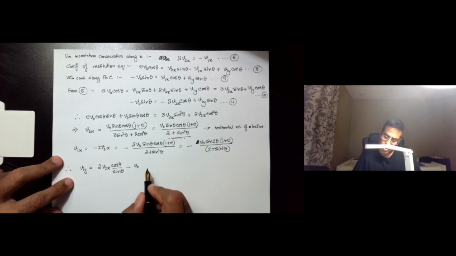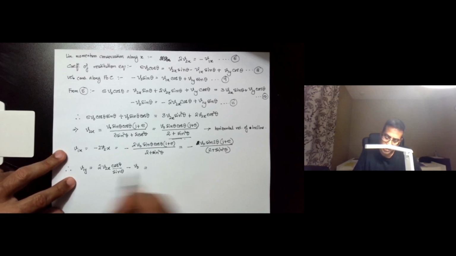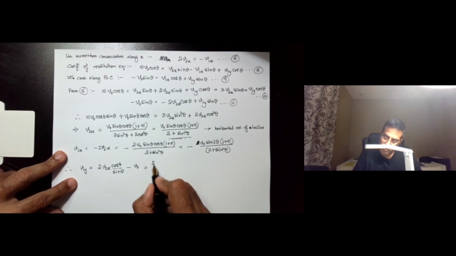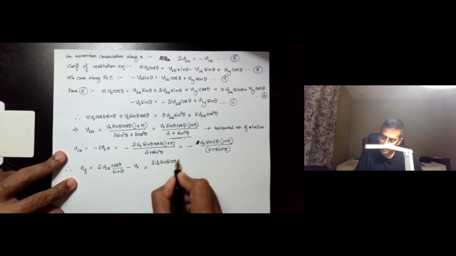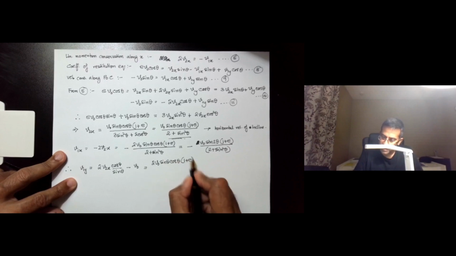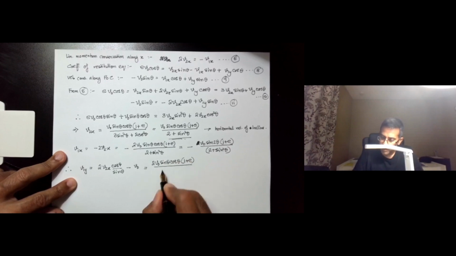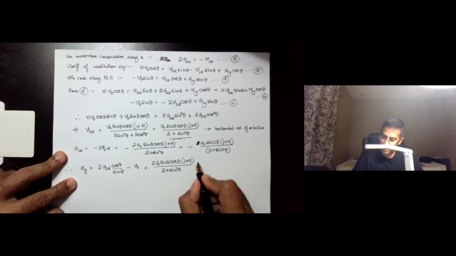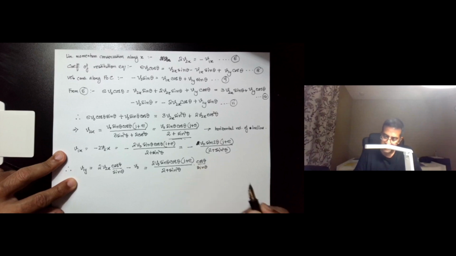So 2v2x is 2v0 sine theta cosine theta times 1 plus e divided by 2 plus sine squared theta, times cosine theta divided by sine theta, minus v0.